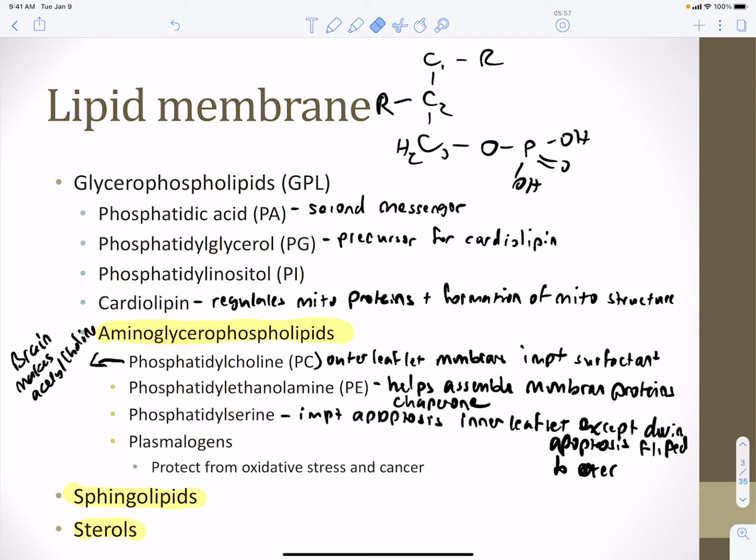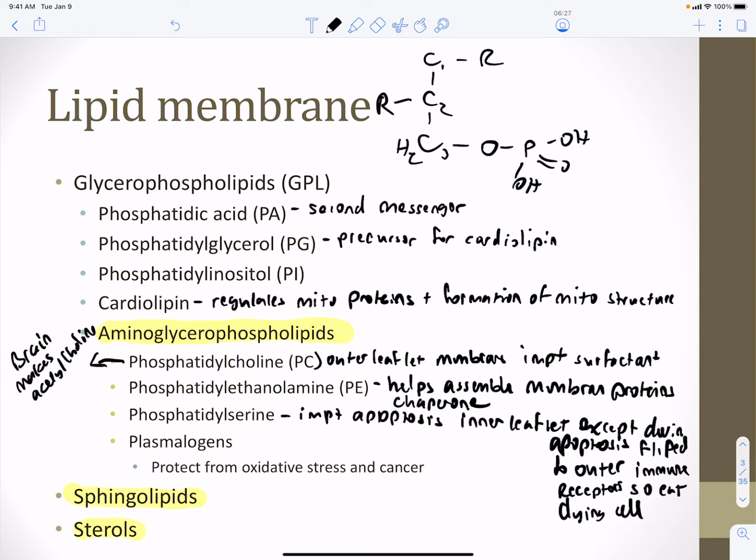Oops, sorry about that, outer. And by moving it to the outer, the immune system has receptors, so it can eat the cell. So phosphatidylserine is sort of an immune receptor, and it tells the immune system that this cell is dying, you need to eat it.